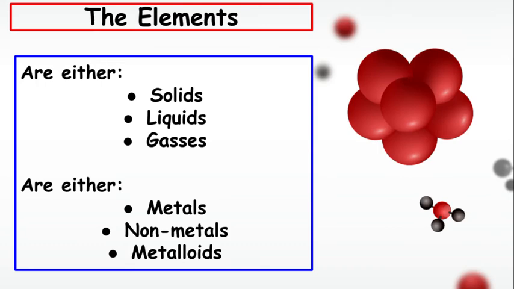It is also a metal. Take another example: hydrogen. Hydrogen is a gas and it is a nonmetal. So each of the elements can be described by both of these categories.